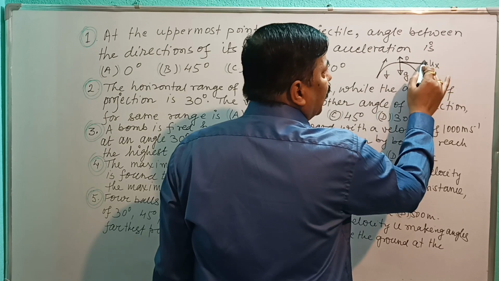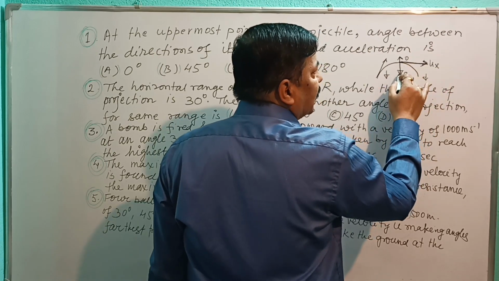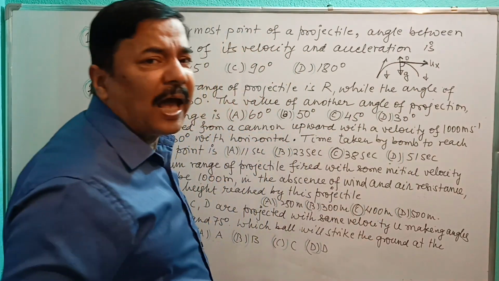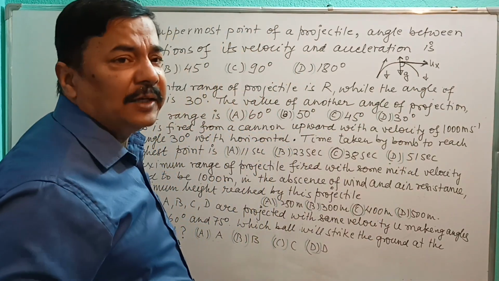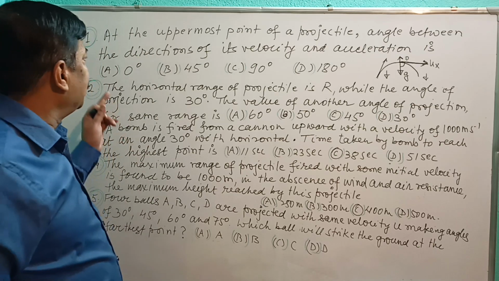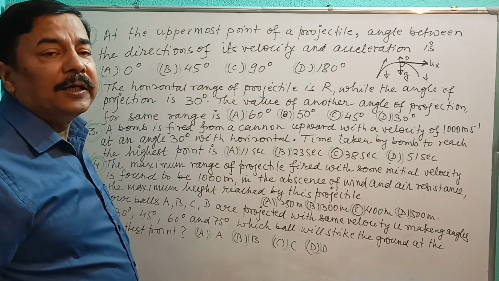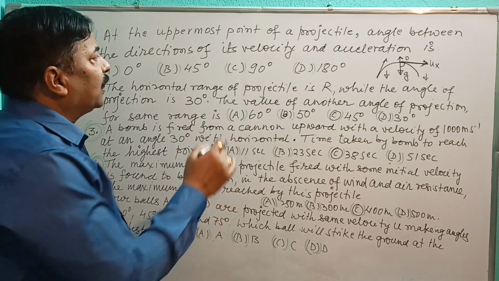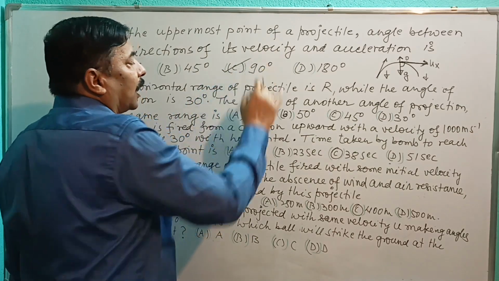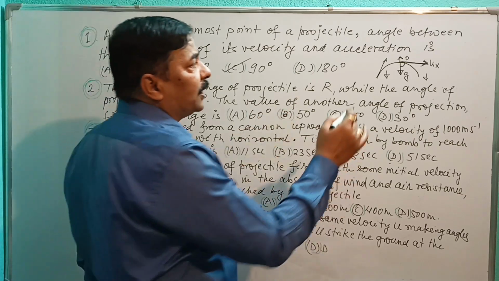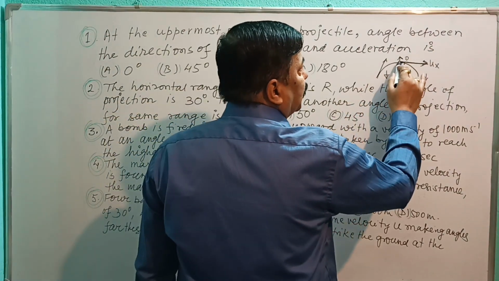So this is the velocity and this is the acceleration. Naturally, you can confirm that this angle is 90 degree. So out of the choices 0 degree, 45 degree, 90 degree and 180 degree, 90 is the correct option at the highest point of your projectile motion.